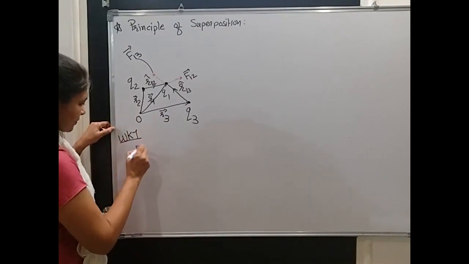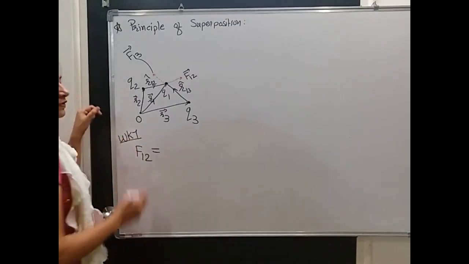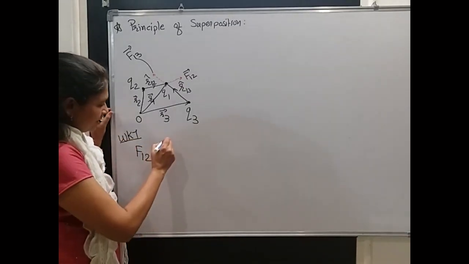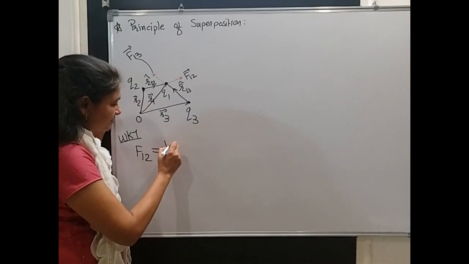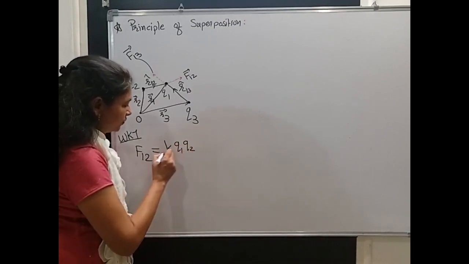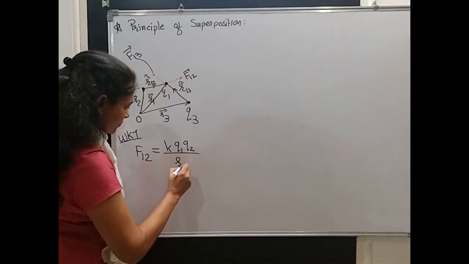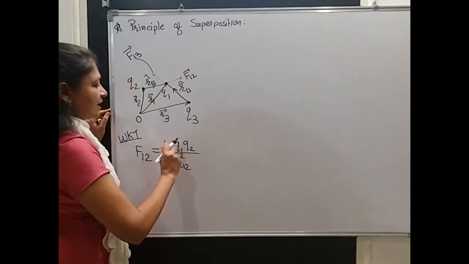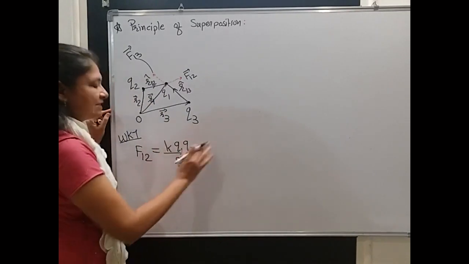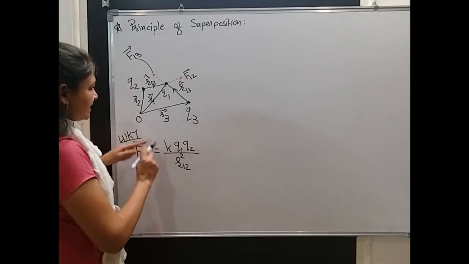We know the force on 1 by 2. What will be the magnitude? According to Coulomb's law, it is K Q1 Q2 upon the distance between 1 and 2, that is R12 square. So K Q1 Q2 upon R square will be the magnitude. Now if I want to consider direction, what is the direction of this force?